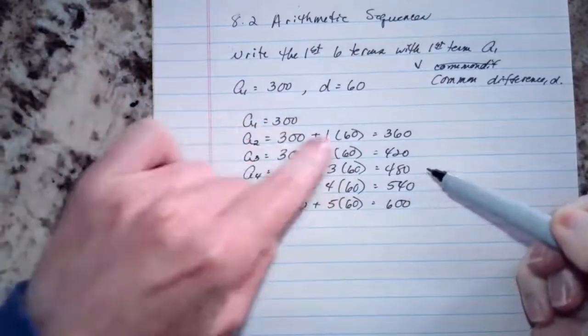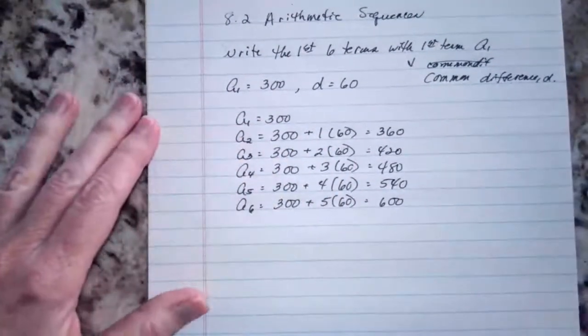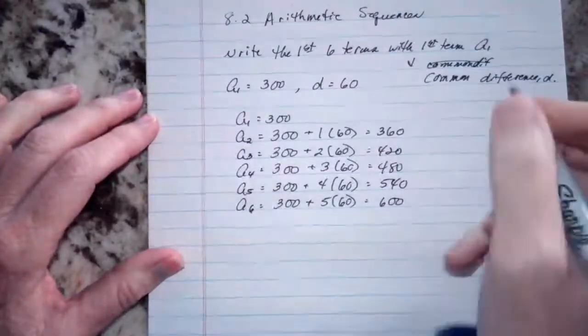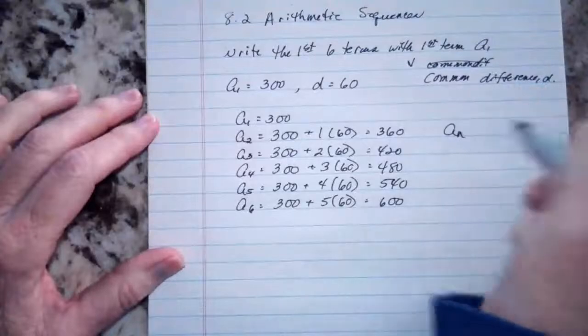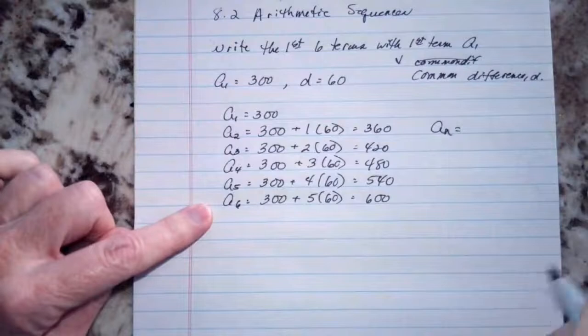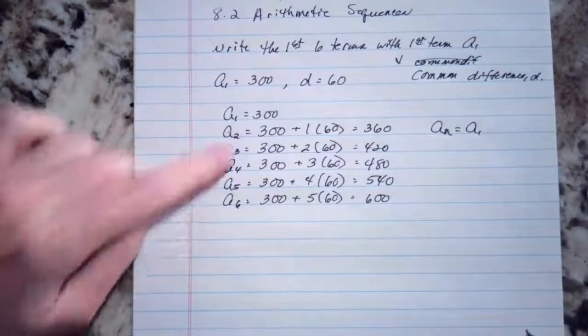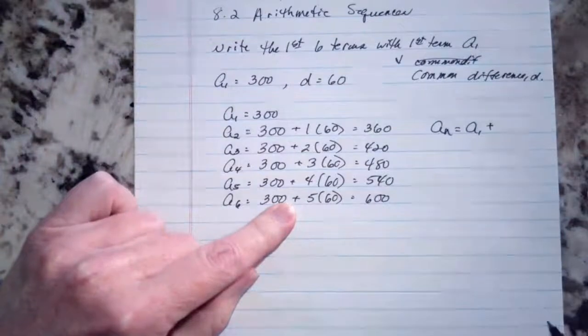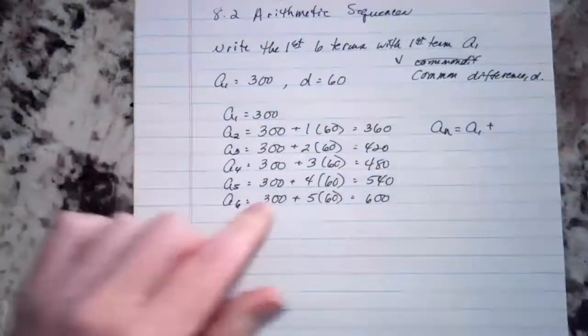But I want us to look at what we've been doing to develop a general formula for arithmetic sequences. I'm hoping that you're seeing that a sub n, any one of these, would be equal to a sub 1. We started with that one. Then we're adding, and here's the trickiest part.